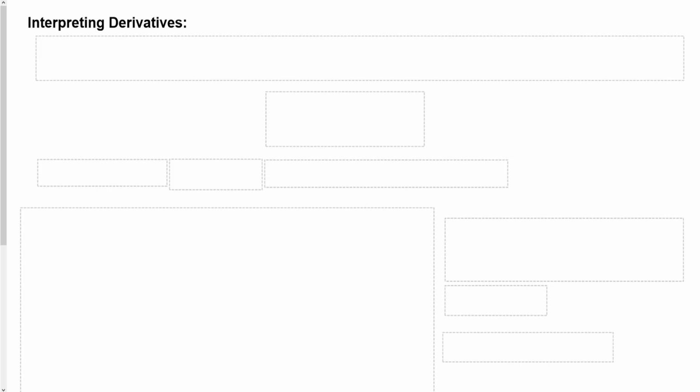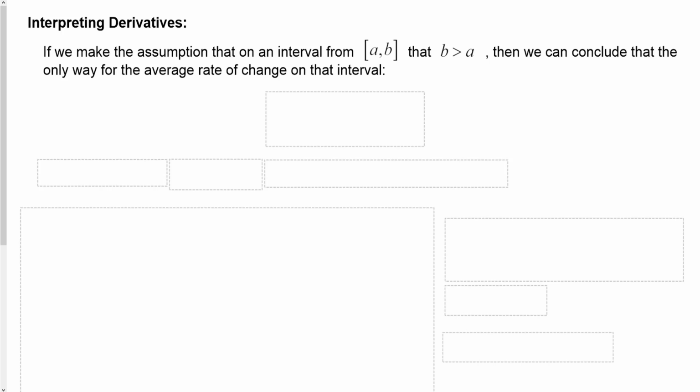Now let's talk about interpretations of derivatives. We've done some interpreting, but let's formalize a couple of things that are really important. So one thing we need to do is make the assumption that on a closed interval from a to b, b is always greater than a. Now, that's not really an assumption that we have to make.